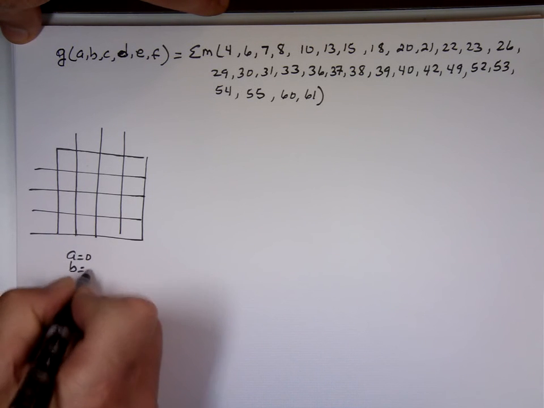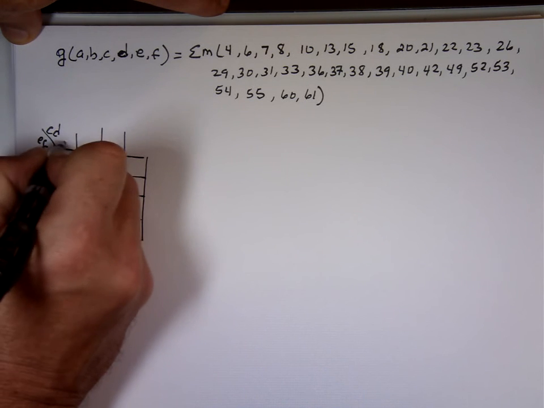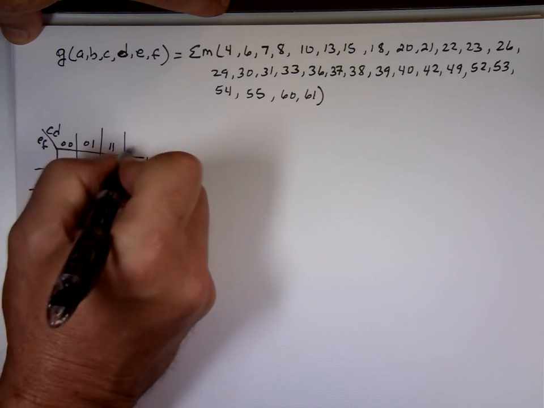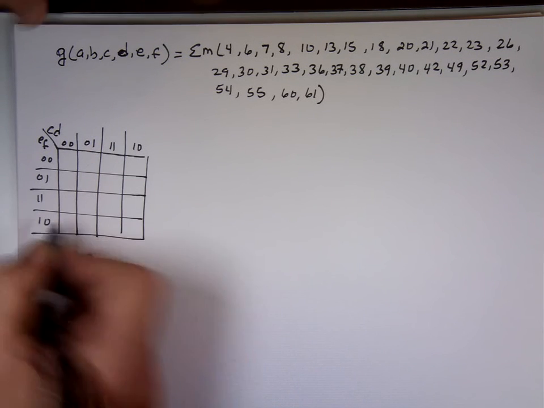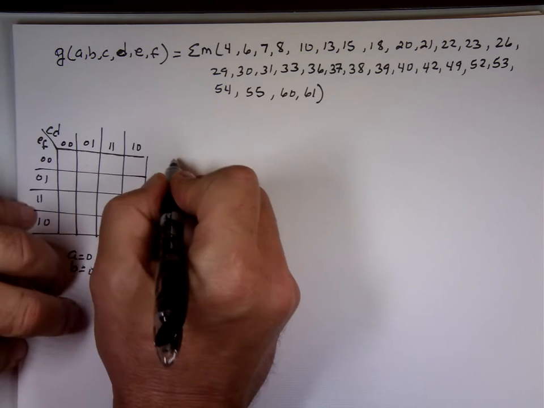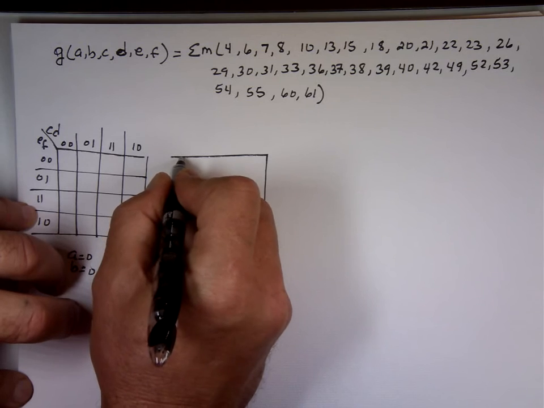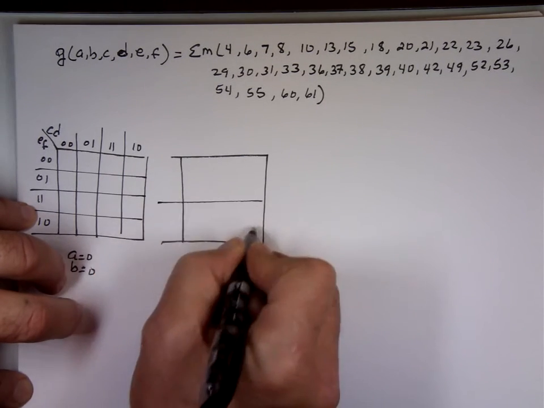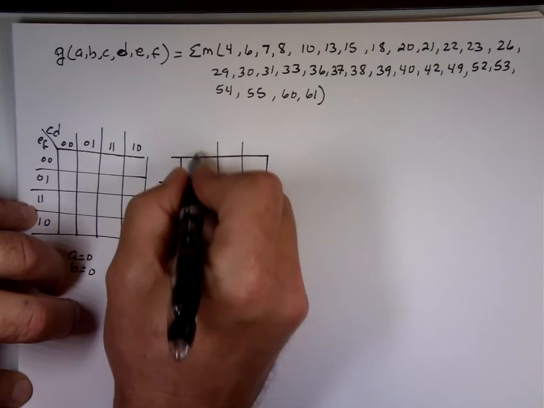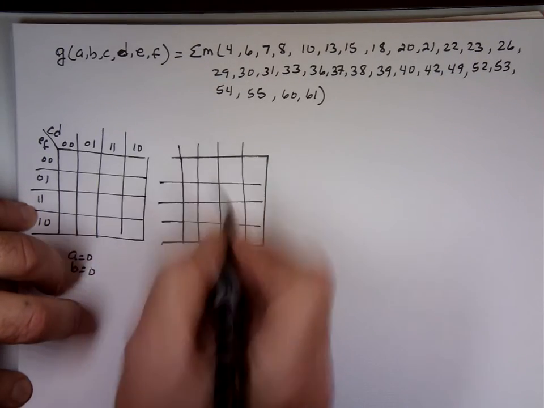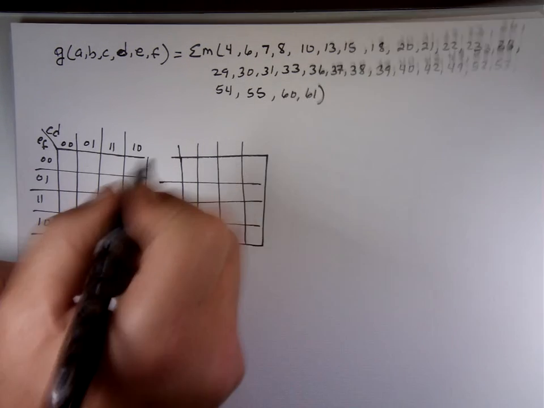C, D, E, F. I'm not going to number these, I'm just going to go through them. This is A equals 0, B equals 1. C, D, E, F.